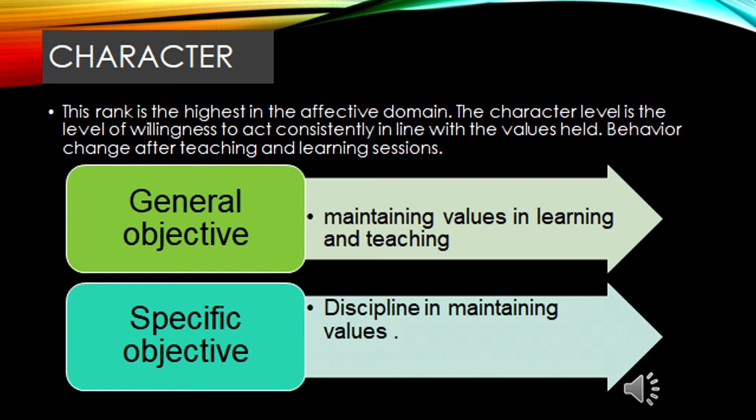And the last level of the affective domain is character. What about character? Character is the highest in the affective domain. The character level is the level of willingness to act consistently in line with the values held. Behavior changes after the teaching and learning session.